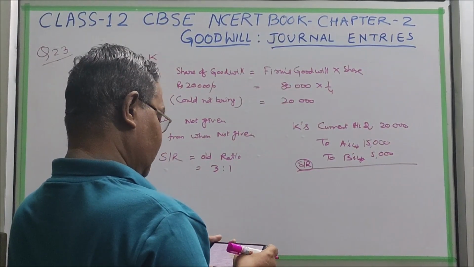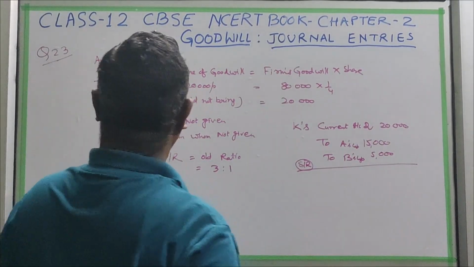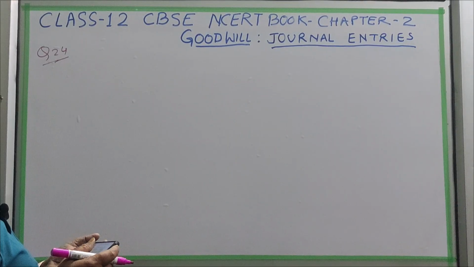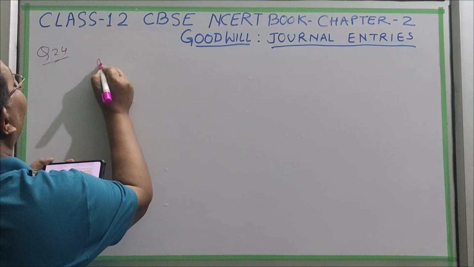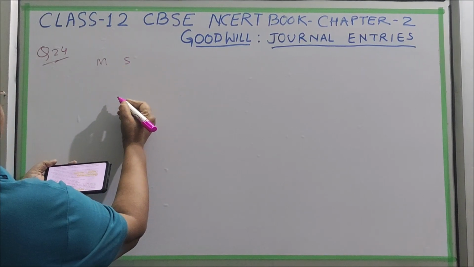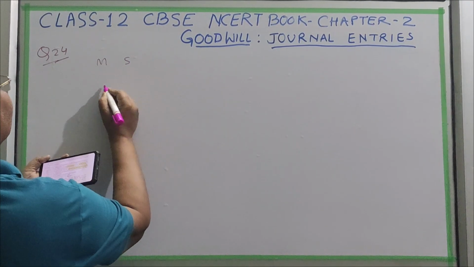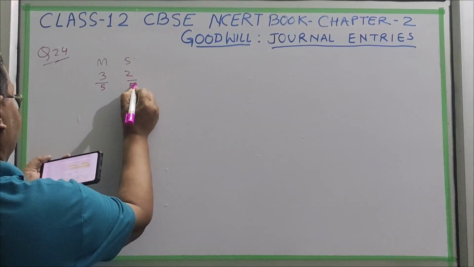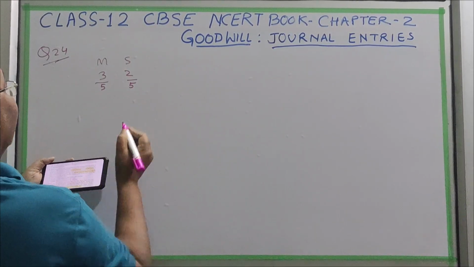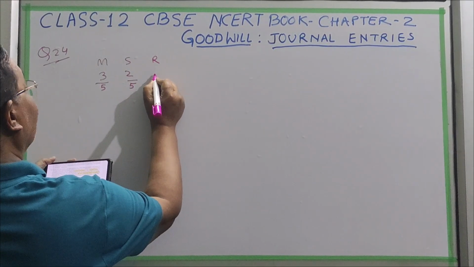Okay, now we will go to question number 24. Mohan and Sohan, Mohanlal and Sohanlal, are partners sharing profits in the ratio 3:2, meaning 3/5 and 2/5. And they admitted Ramlal for 1/4 share.